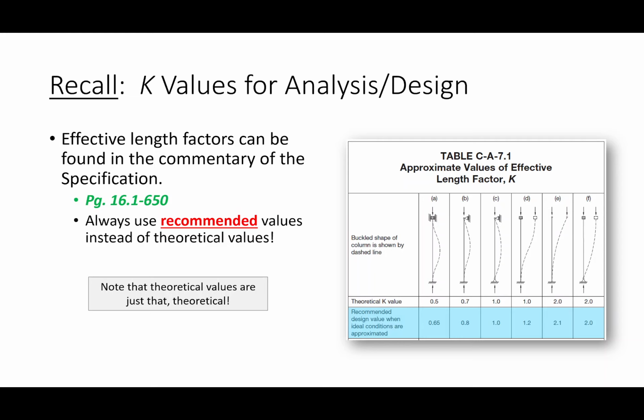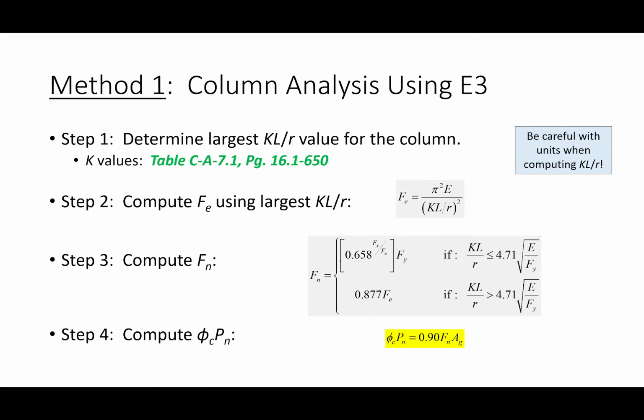Okay, so here's how this works. First off, we have our effective length factors. Remember, we use the recommended ones, not the theoretical ones. We have our analysis method using method 1, or in other words, we're just raw calculating the capacity. This will work every time.